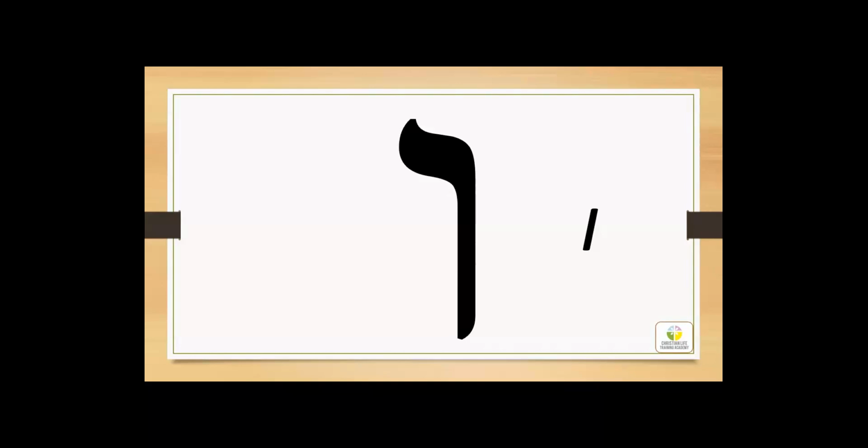I'm going to use the Vav as the and. Got it? We'll come back to it. Don't worry. That is the Vav. Aleph, Bet, Vet, Gimel, Dalet, Hey, Vav.